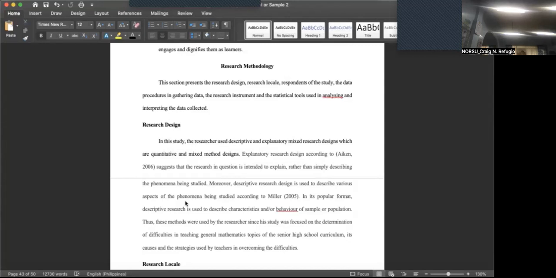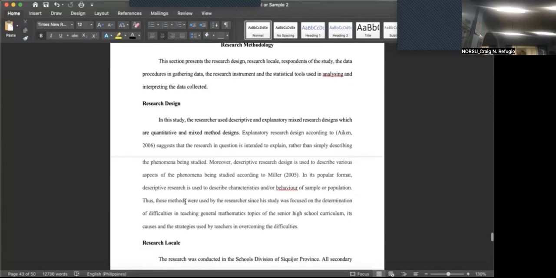Thus, these methods were used by the researcher since this study was focused on the determination of difficulties in teaching general math topics of the senior high school curriculum, its causes, and the strategies used by teachers in overcoming the difficulties.